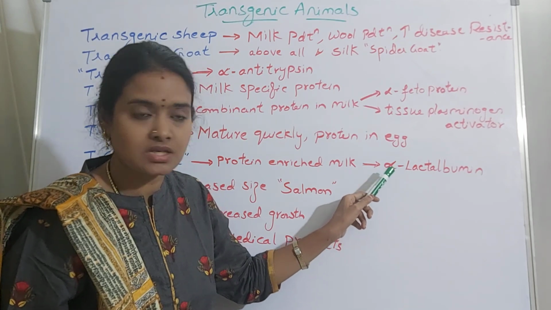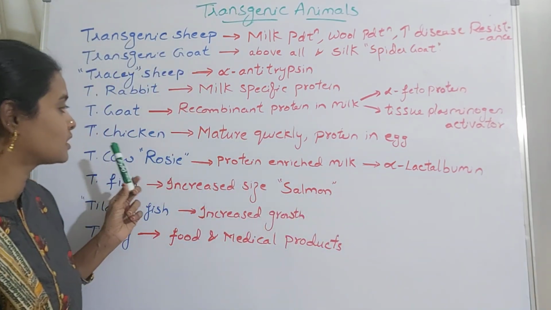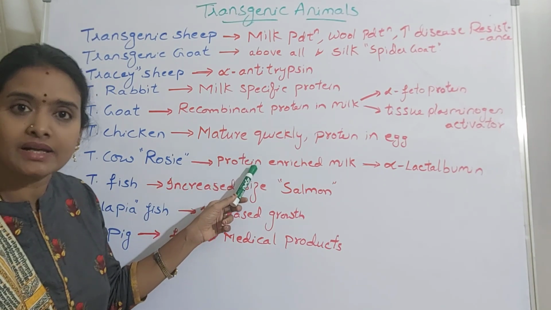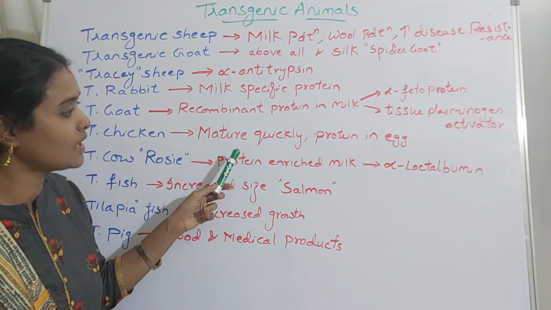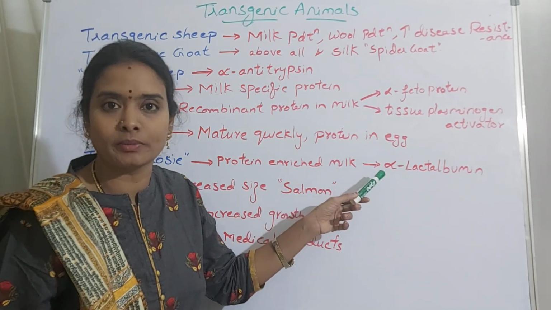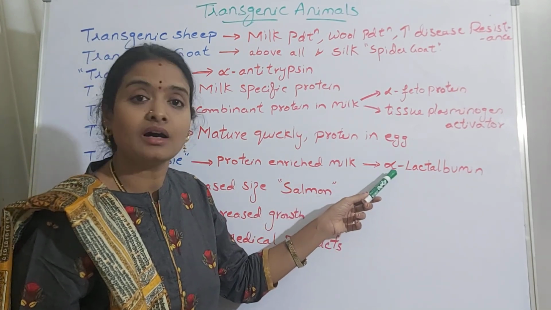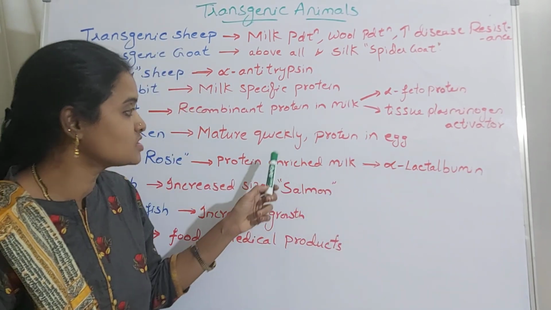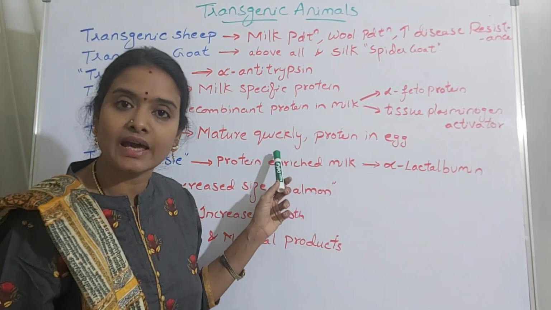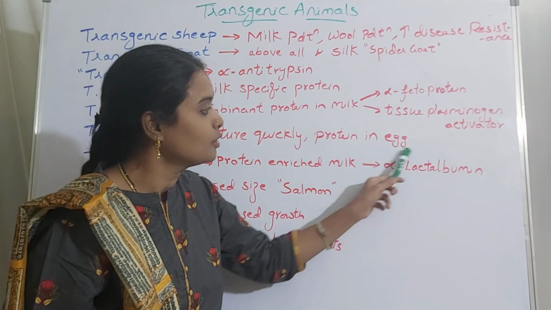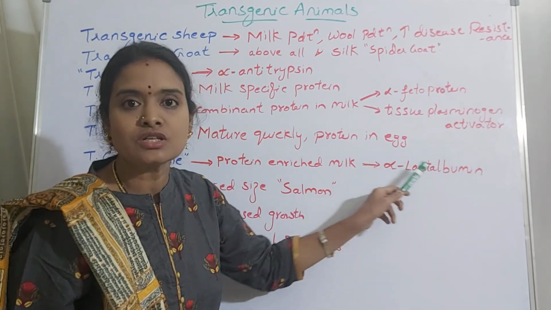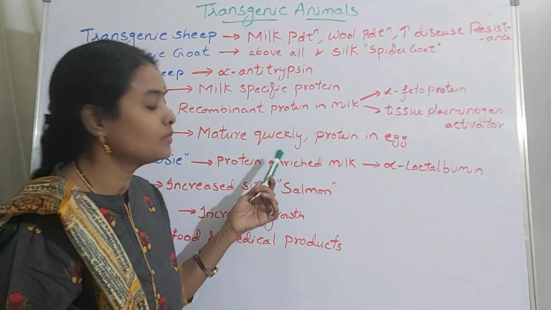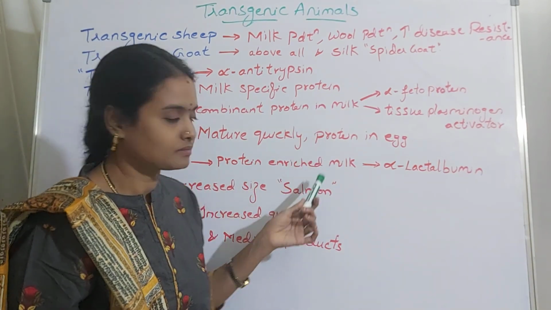So in humans. So here even the cow Rosie is able to produce the nutritionally balanced milk which is the same as the mother's milk in humans because of this alpha lactalbumin expression gene, right? The gene is introduced such that it is getting expressed and it is resulting in production of this protein. So this Rosie milk is a good substitute for the mother's milk in babies.